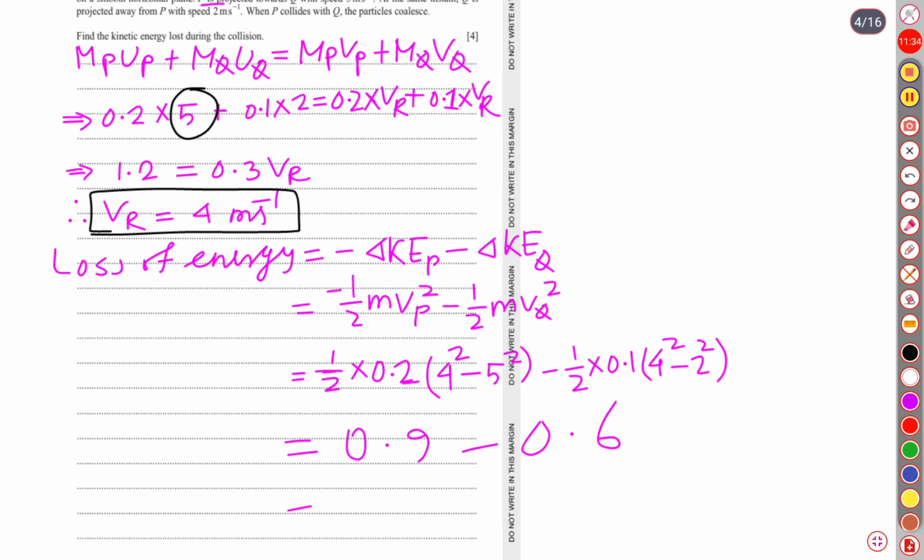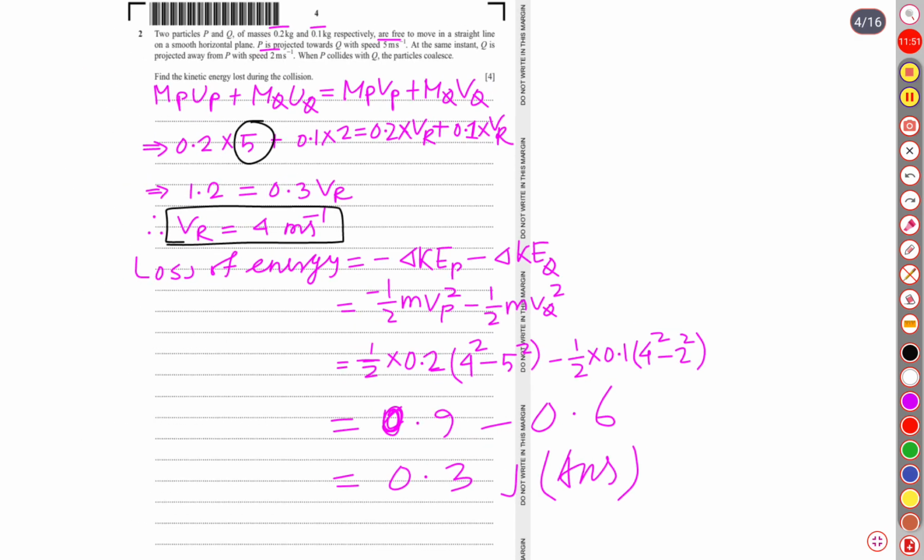So the loss of energy is 0.3 joule after the collision of both of the particles. Well, that is the final answer to this question: the quantity of lost energy is 0.3 joule.